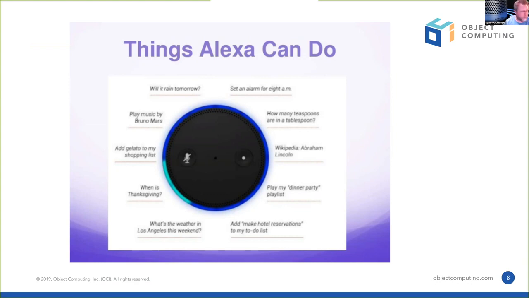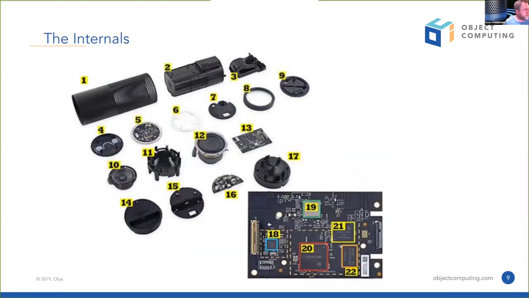You can add to your shopping list. There's an API for that too. You could ask just general questions. If you search for general things, it will look on Wikipedia for the data. It doesn't actually search Google. That's one thing the Google Home has over this, is that it can search Google for things, which could be good or bad. This is what it looks like inside, so it's pretty neat.